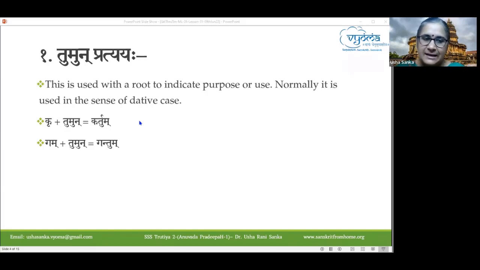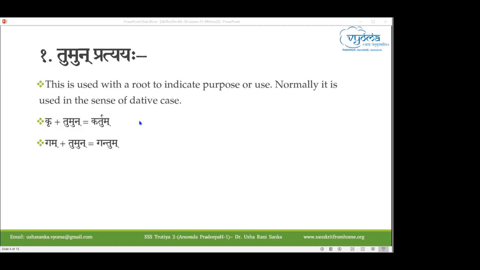And in the second thing, what happened? Kr is an r-ending dhatu, that's why kartum, kr to kar has happened. And what do you observe in gamtumun? What has happened? Prajna Bhagini will tell. Numagama. Takara?